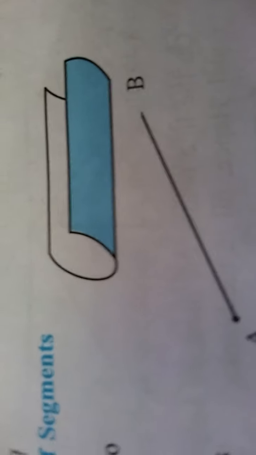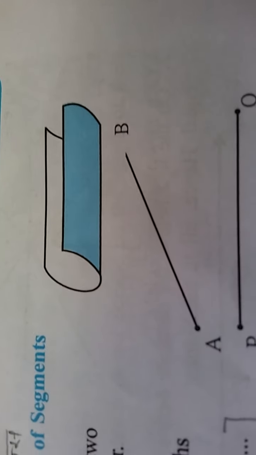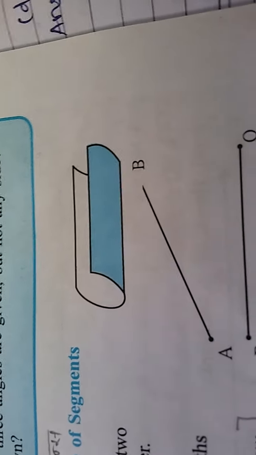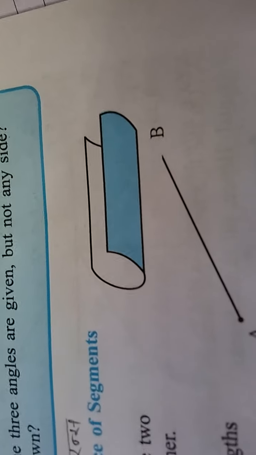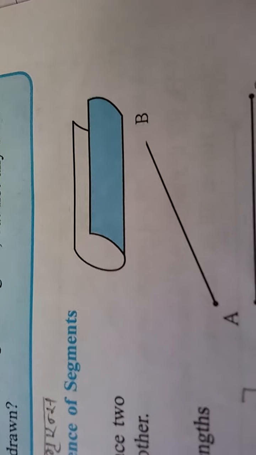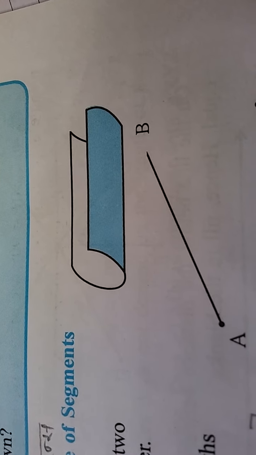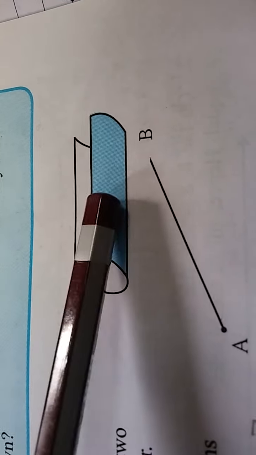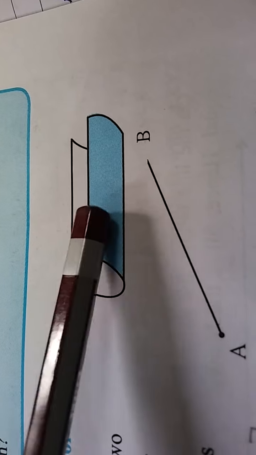Now see, here a rectangular paper is taken. If you place these two opposite sides one upon the other, they coincide exactly. It means if you place opposite sides, they coincide exactly.